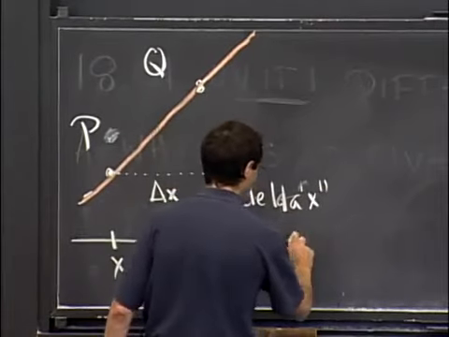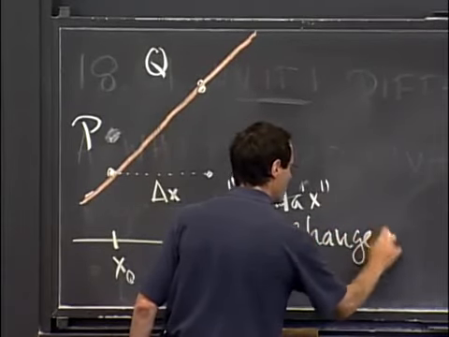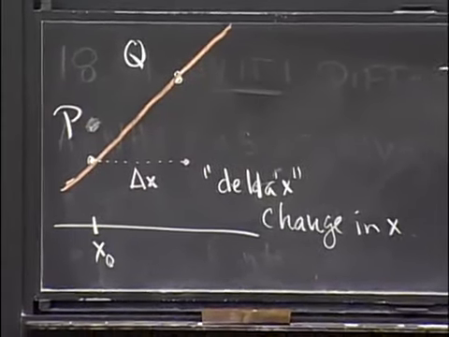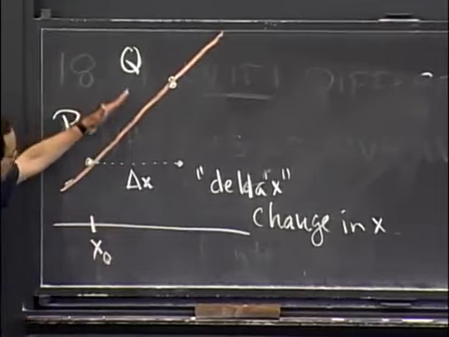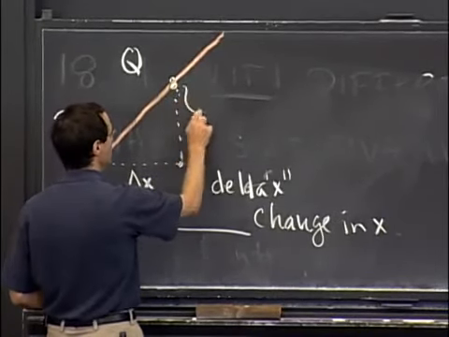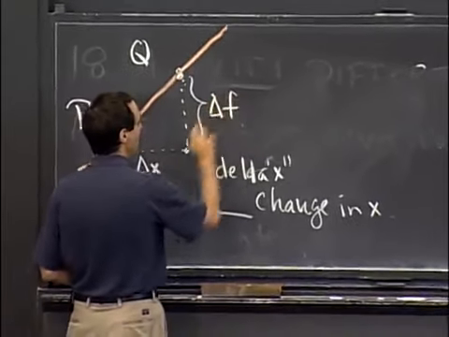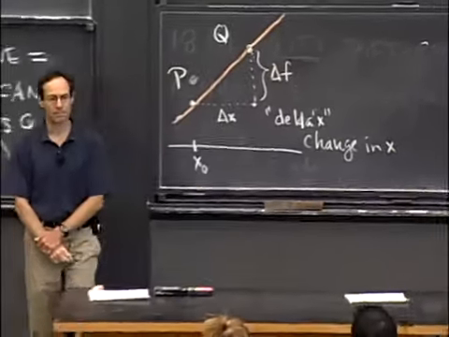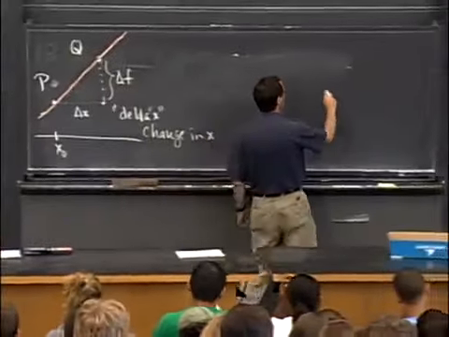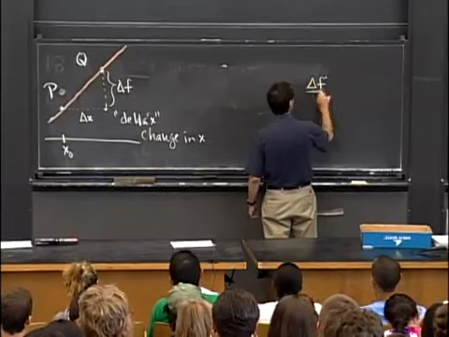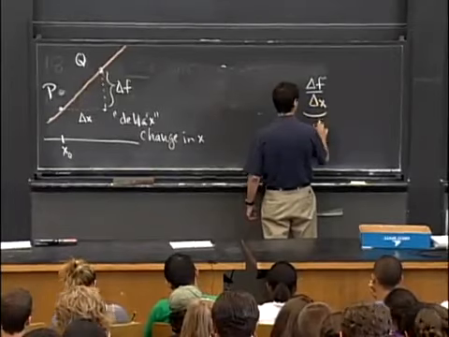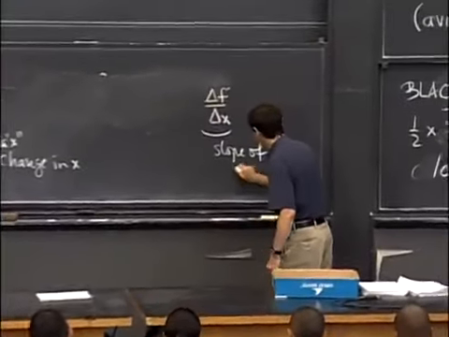We could also call it the change in x. So that's one thing we want to measure in order to get the slope of this line PQ. And the other thing is this height. So that's this distance here, which we denote delta f, which is the change in f. And then the slope is just the ratio delta f over delta x. So this is the slope of the secant.